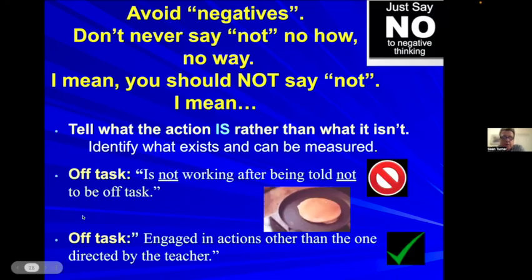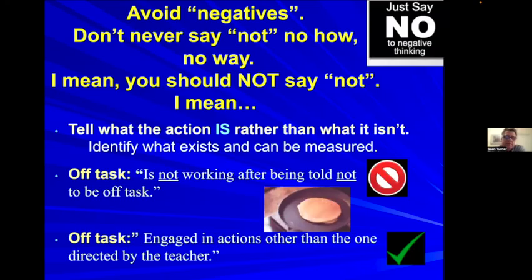Yeah, that's a great point. So I hope you see that, right? So in part one, it's not really focusing on the actions, it's focusing on what they're not doing, which we just said, let's avoid the word not. Let's put the emphasis on the actions that we can measure or observe.